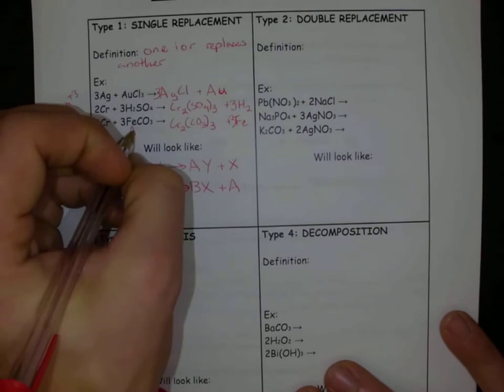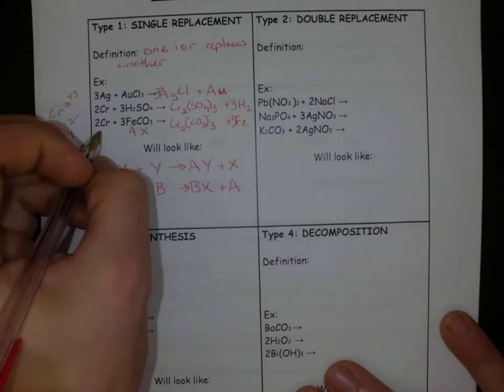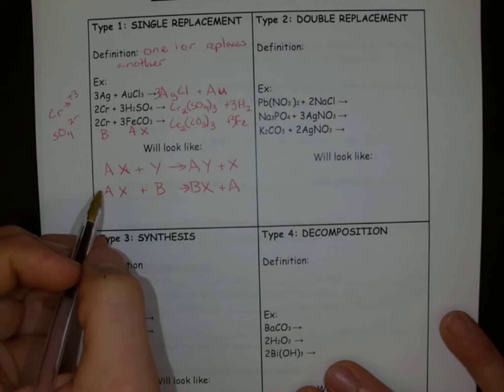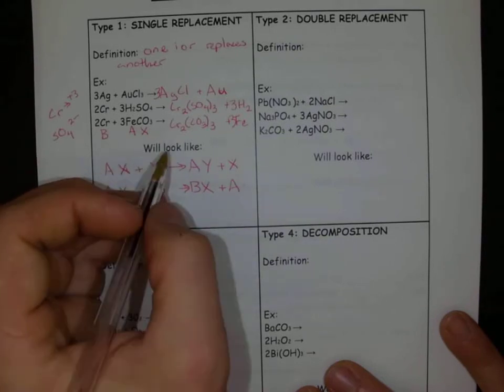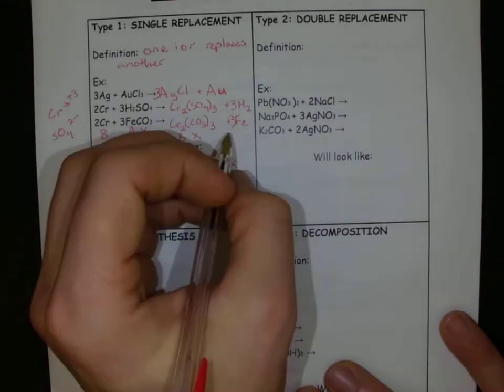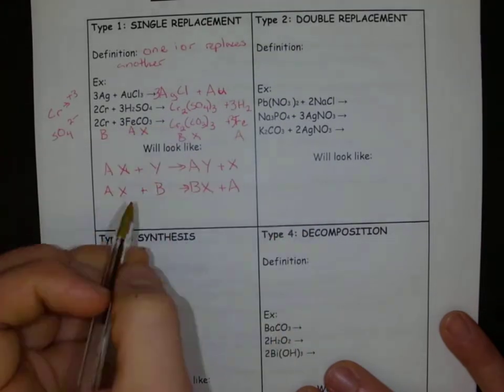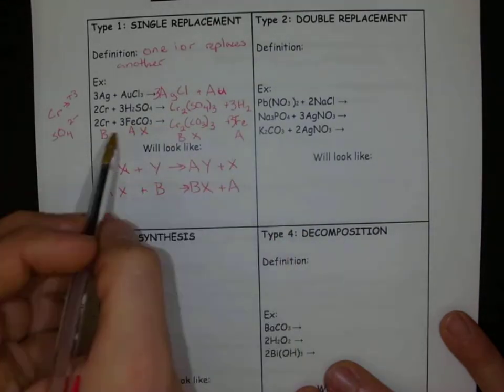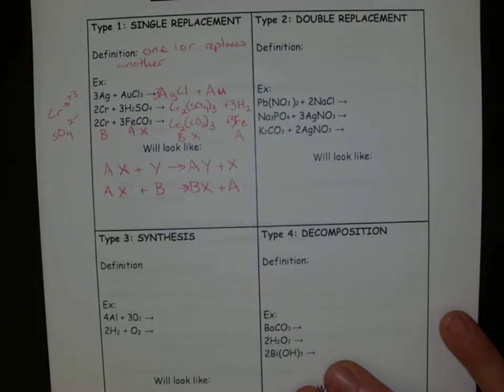So let's show that. That's AX plus B. We're going to have BX combined plus A over there. Okay, so that's how we have a single replacement.